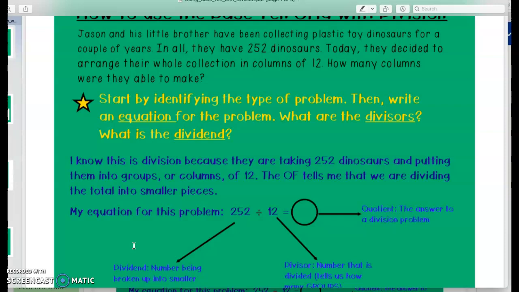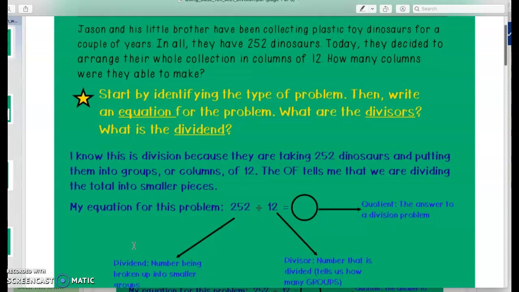Now I go back and I think, okay, columns of 12. The "of" tells me that we're dividing the total into smaller pieces. So now I know my equation and I know my divisor and dividend.